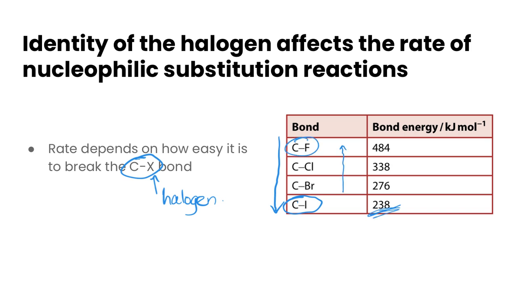Carbon-fluorine bonds take a lot of energy to break. So iodine would react the fastest, followed by bromine, followed by chlorine, and then fluorine probably doesn't react very well, but it would follow that pattern as well.